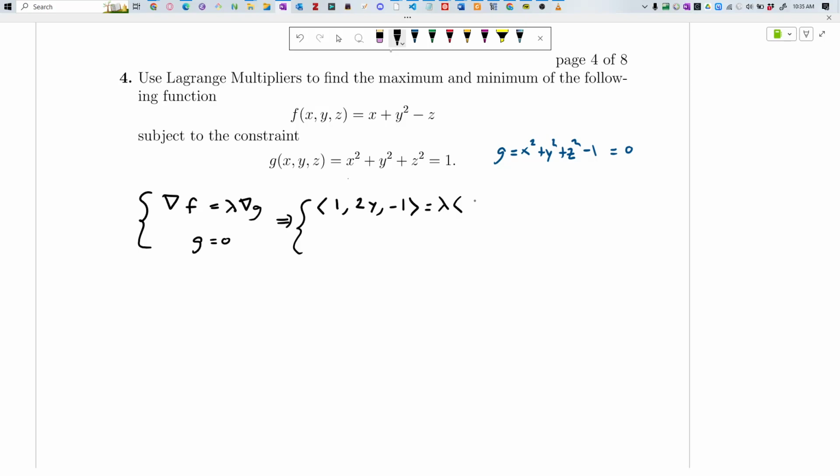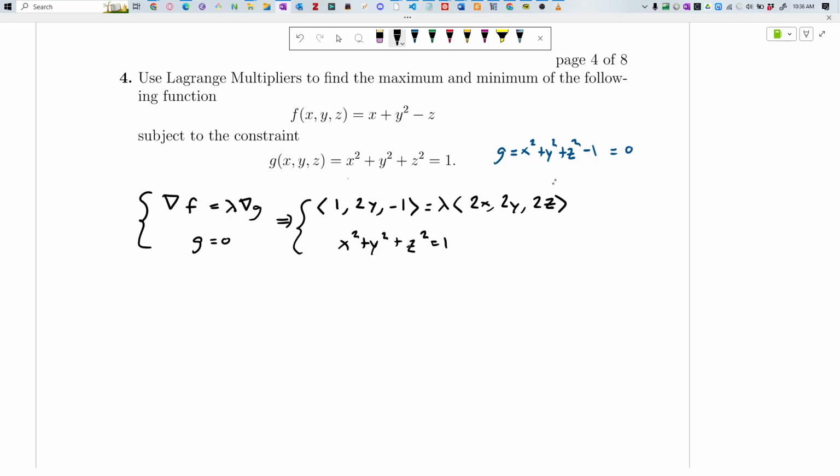So the x derivative gives me 2x, the y derivative is 2y, the z derivative is 2z. And the last part is the equation g itself. So you could write it in this altered form with the minus 1 equals 0, or you could just copy it down as the constraint given. I will typically just copy the constraint as given.